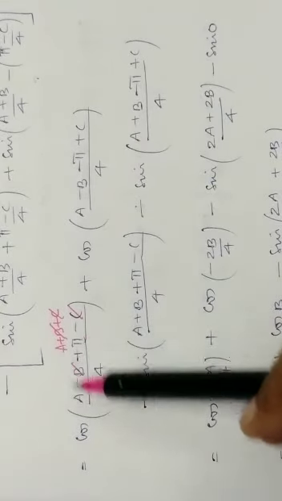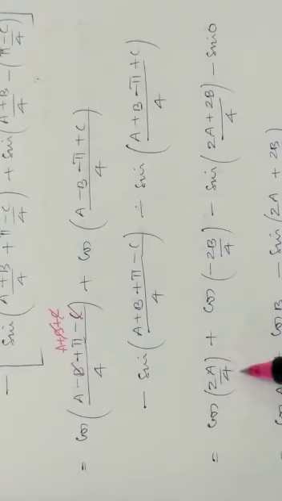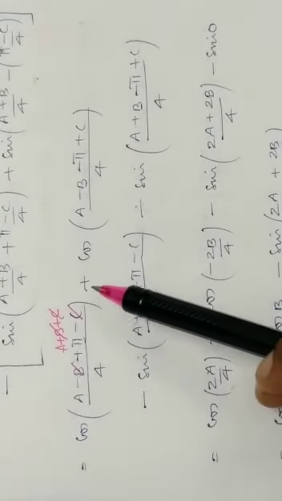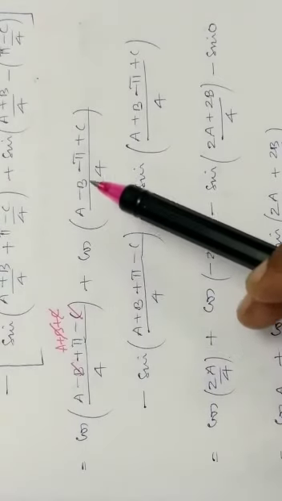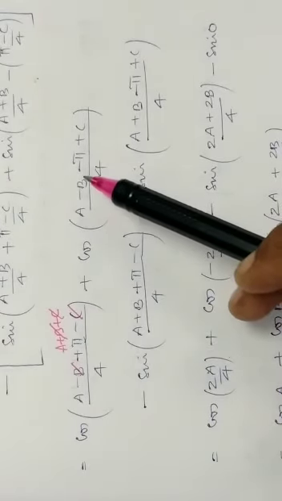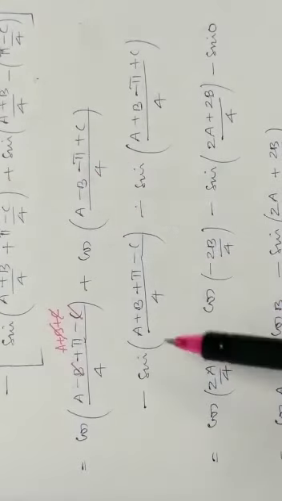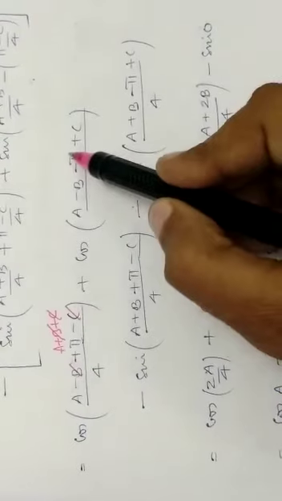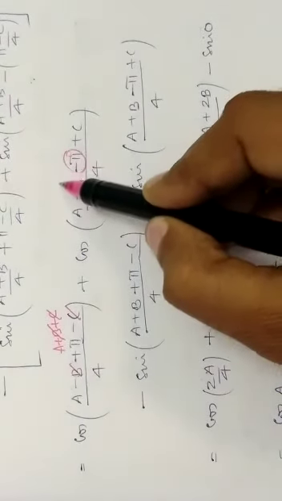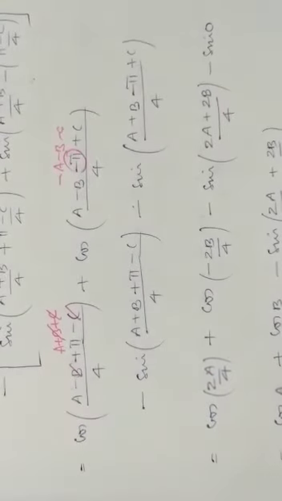A and a plus a is 2a by 4. We are having by 4, so by 4. Plus, in the place of pi, you have to write a plus b plus c. But whereas here, you are having minus pi. So, you have to write minus a, minus b, minus c.